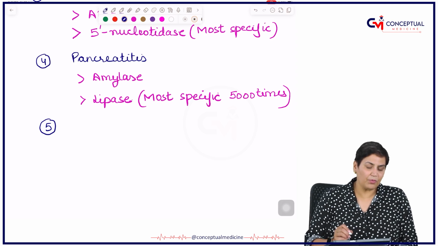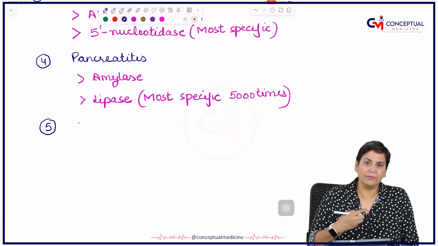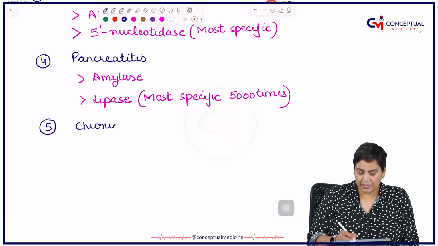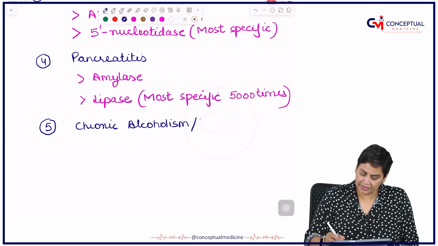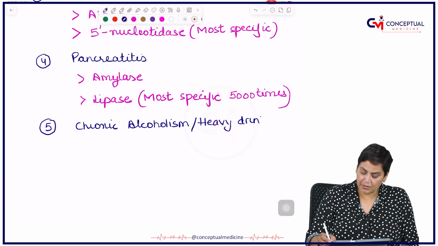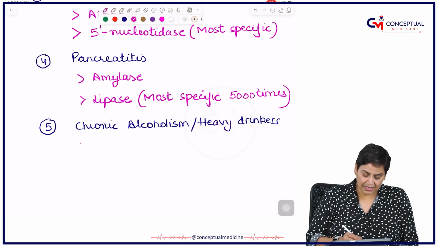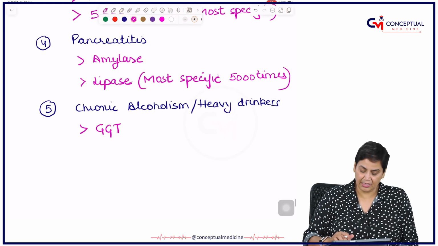Then next is, this is again very important in alcoholic people or heavy drinkers or chronic alcoholism. In chronic alcoholism or heavy drinkers, the enzyme which shows a rise is GGT. Very important.